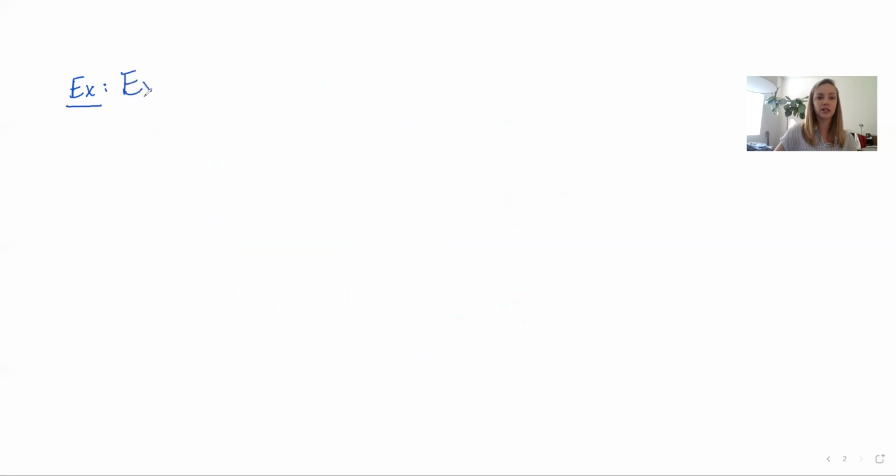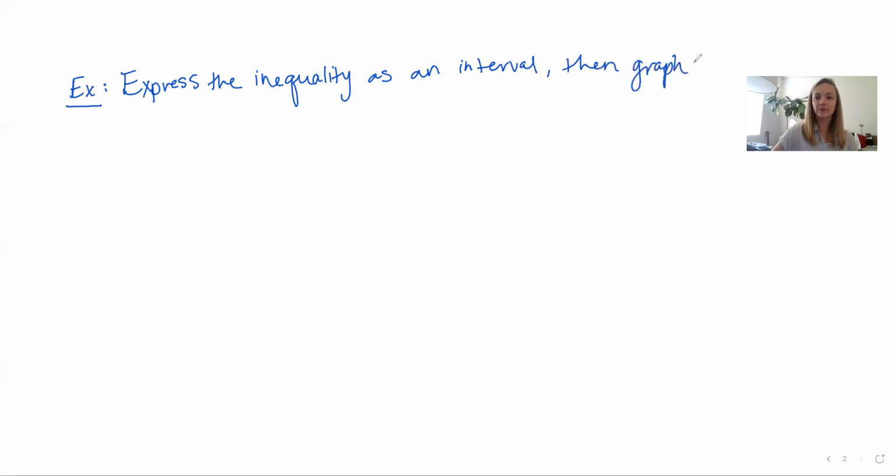So we're told to express the inequality as an interval, then graph. So number one here, we're given the inequality 6 is less than or equal to x is less than or equal to 10.